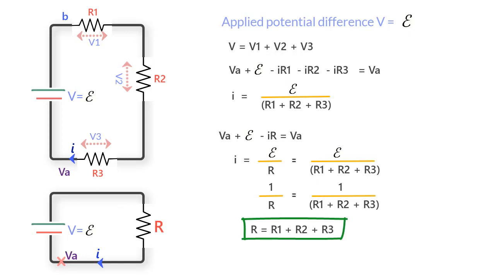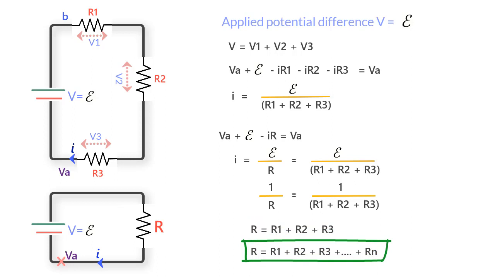And we can apply the same logic to n resistors if they are placed in series as well, such that R is equal to R1 plus R2 plus R3 plus so on and so forth till you reach the last resistor or the nth resistor.